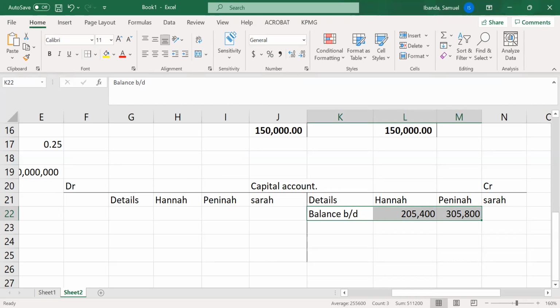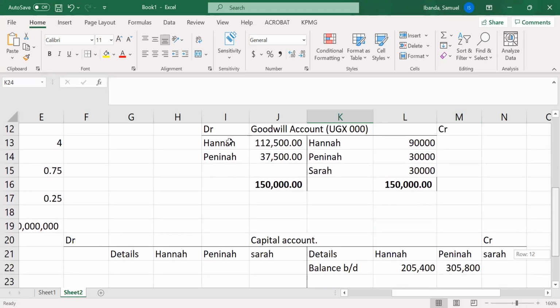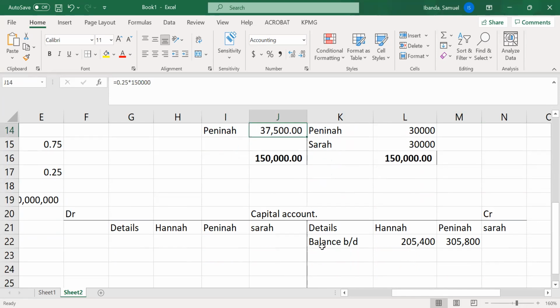But remember, when we were preparing our accounts, in the goodwill account we debited goodwill with these values. As you debit goodwill here, using the previous sharing ratio, you're supposed to credit the capital account for the respective partners.